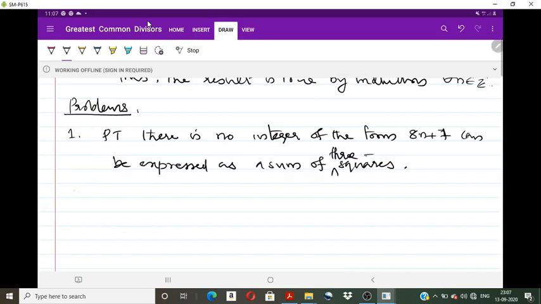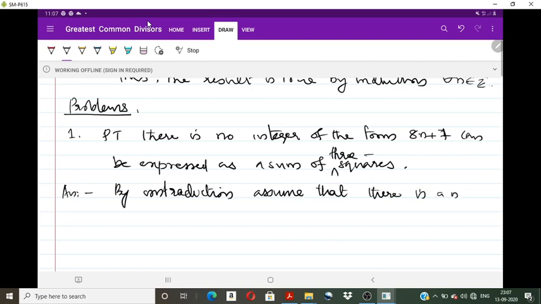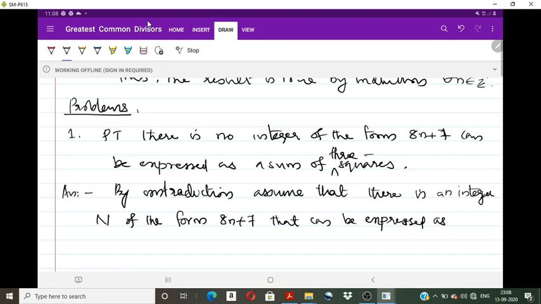We prove this result by contradiction method. So assume by contradiction that there is an integer N of the form 8n plus 7 that can be expressed as the sum of three squares.